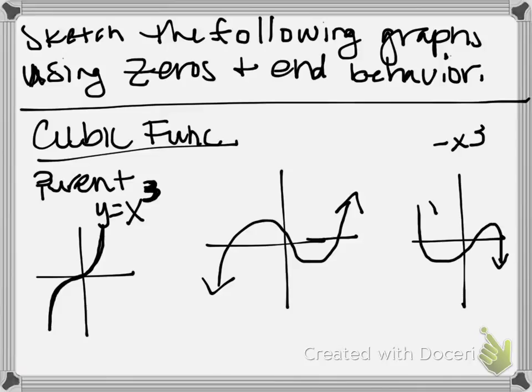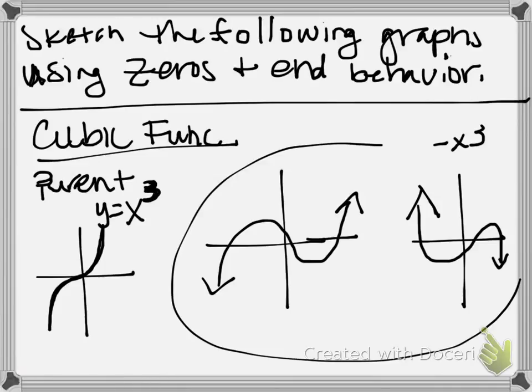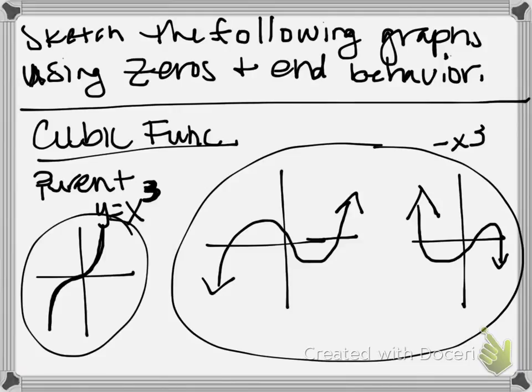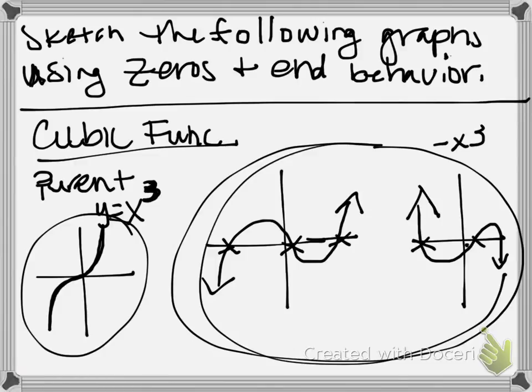Okay, these are the ones actually that we're going to be focusing on. We are not going to do the parent function really, but it is important to know what the parent function looks like. You might see it on the ACT, and I know you see it at the collegiate level. But we're actually going to be utilizing these two over here, and what you'll notice is it hits the graph 3 times, which is very typical.